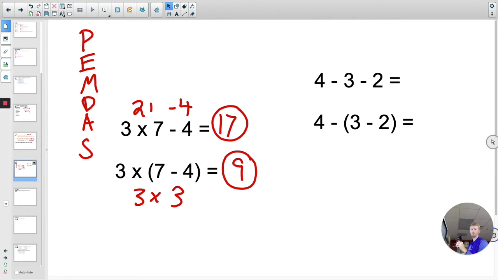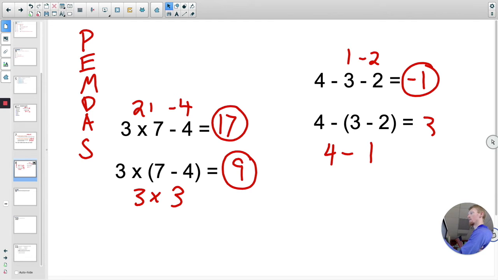Totally different answers. 4 minus 3 minus 2. So I just go right down the line. 4 minus 3 gives me 1. 1 minus 2 gives me a negative 1. Now I have them grouped here. 3 minus 2 gives me 1. 4 minus 1 gives me 3.